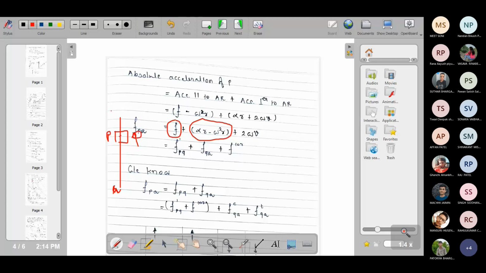This is Q and this is A, and this is link AR.